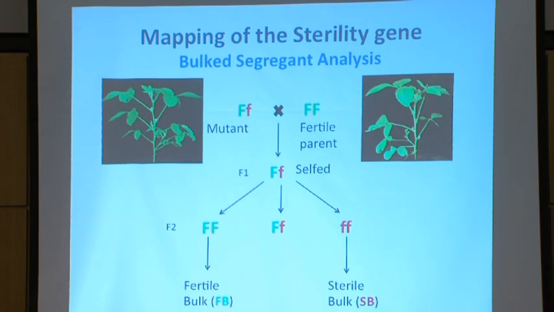In the second generation, you will have some plants which are going to be fertile, some plants are going to be sterile. So you take some pure fertile plants and pool them together. You take some pure sterile plants and pool them together. We isolate DNA out of those plants and pool them together in one tube. So we call it the fertile bulk, and this the sterile bulk.